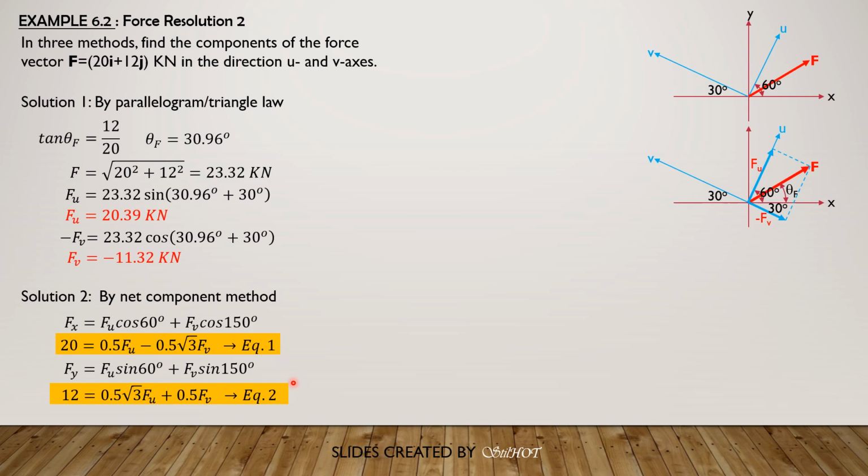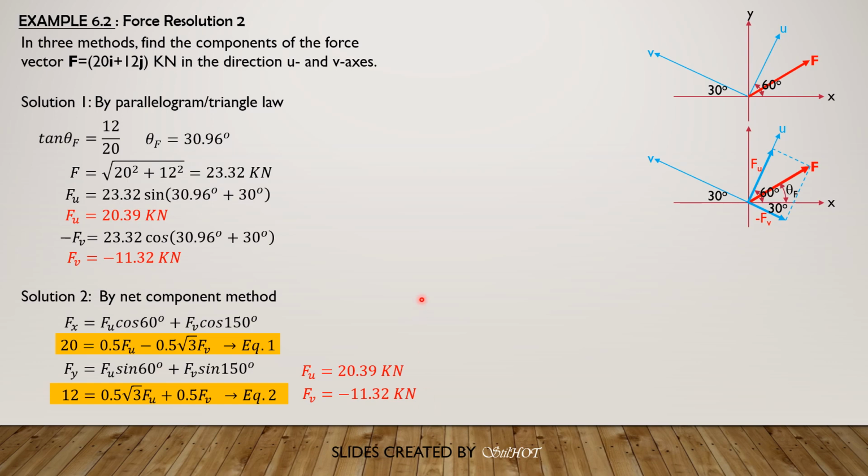So solving these two equations simultaneously by elimination or by substitution, we obtained the following values. So Fu is 20.39 kilonewtons and Fv is negative 11.32 kilonewtons.